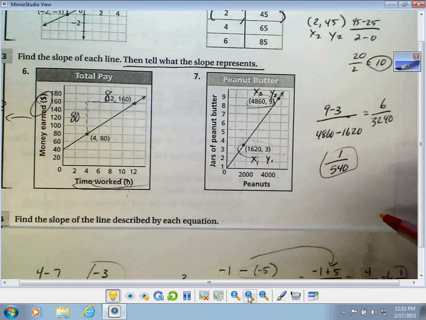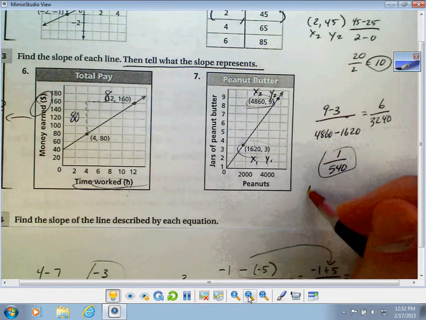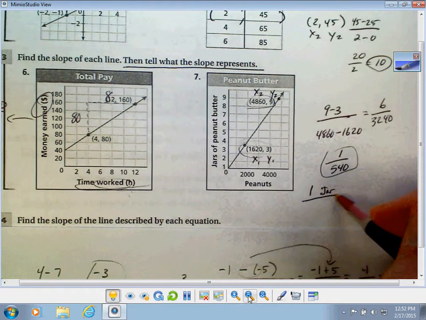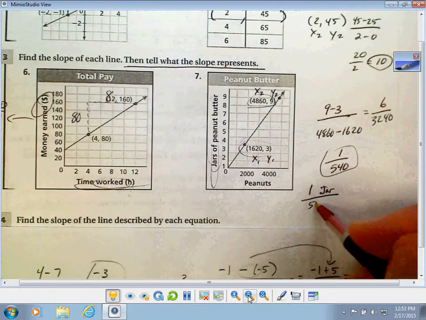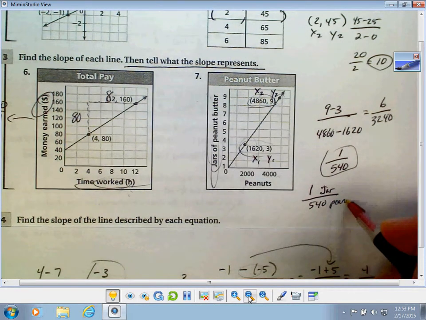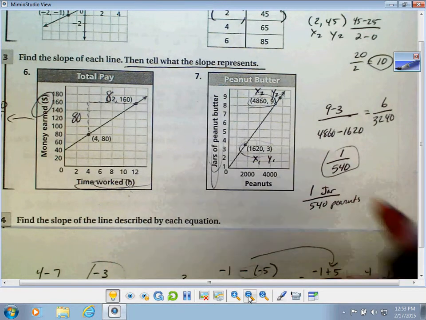The question is what does that actually mean? Again, well, the top number is 1 jar, because it's jars of peanut butter, and the bottom number is 540 peanuts. So if you read it like that, what it's telling you is that you get 1 jar for every 540 peanuts. Or another way to say that is it takes 540 peanuts to get 1 jar.